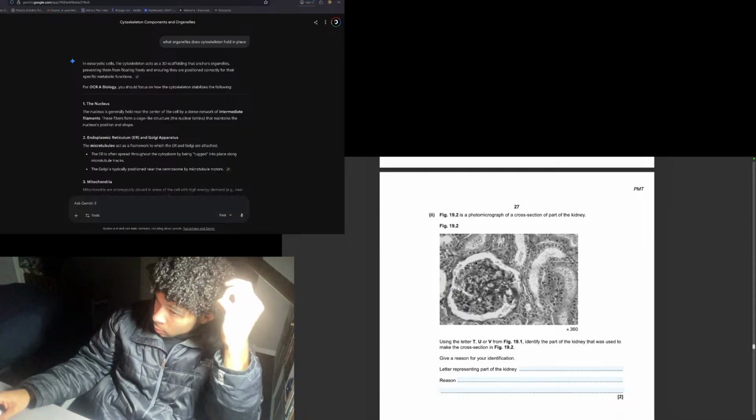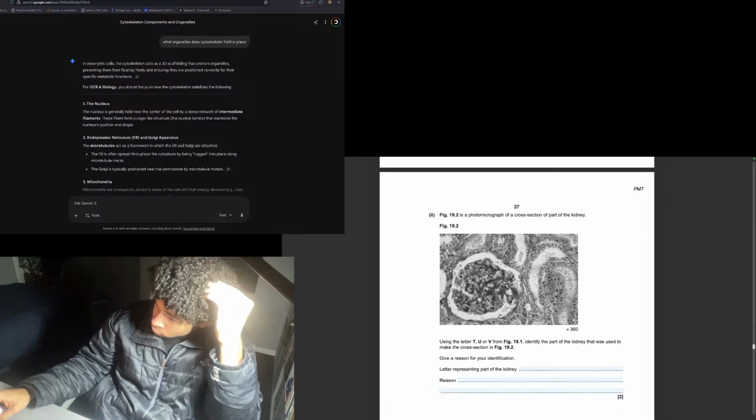Okay, this is the Bowman's capsule. You should just know when you see a thick thing, that's Bowman's capsule. That's glomerulus.